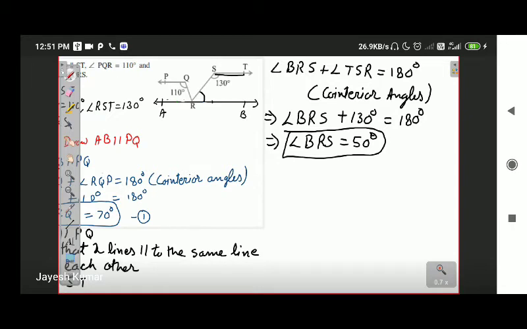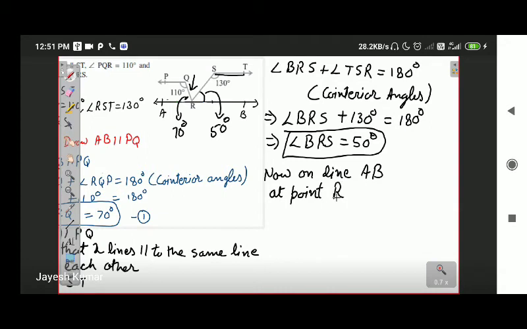What we determined is this angle as 70 degrees, and this angle as 50 degrees. We need to determine the value of this middle angle. Now on line AB, at point R, what is going to happen at point R? The sum of all the angles at point R is 180 degrees.